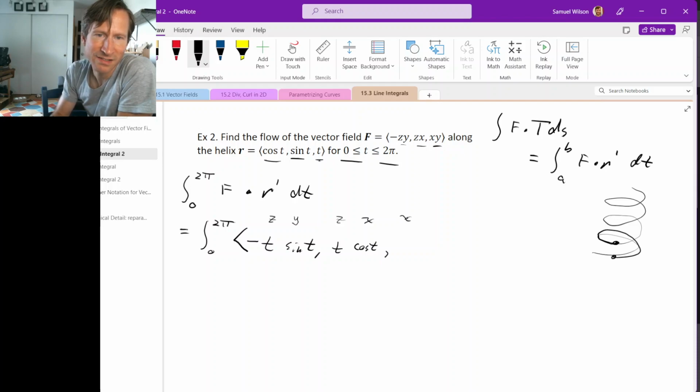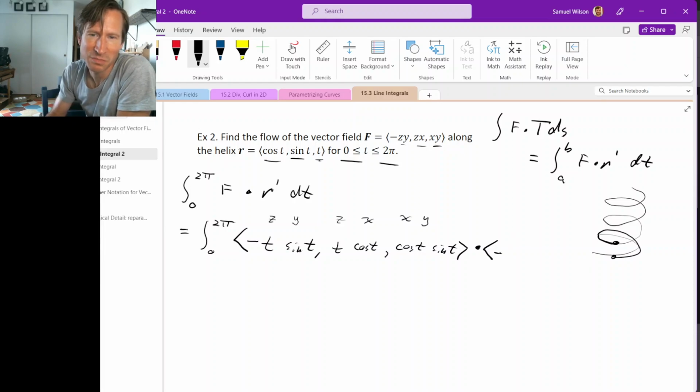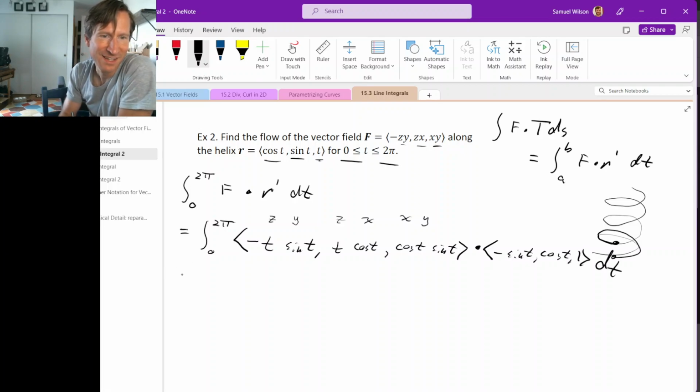And then we need x times y, and that's cosine t times sine t. Okay, dotted with, now we need r prime, which is going to be minus sine t, comma, cosine t, comma 1, dt.